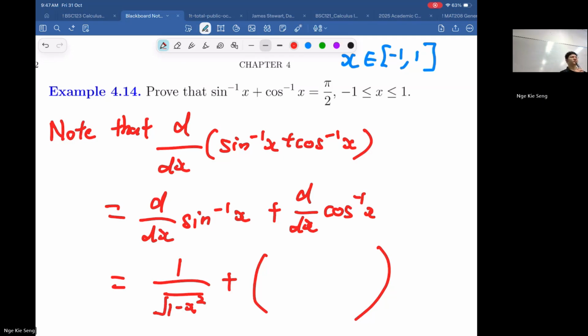Jeffrey, what's the derivative of cos inverse x? Check your table. I don't think you can compute on the spot. Please check your table. I mean, you can check Google also.